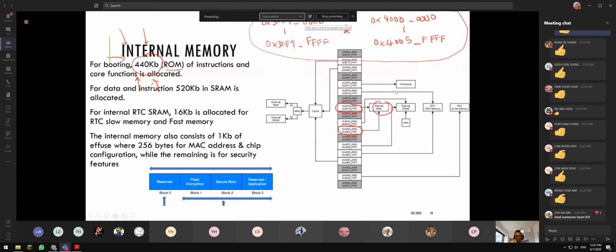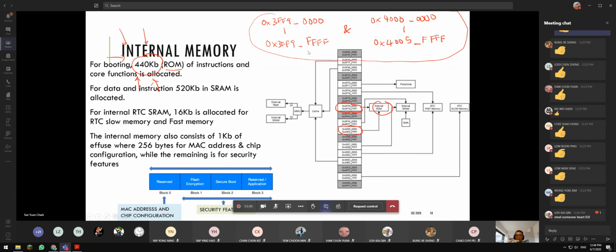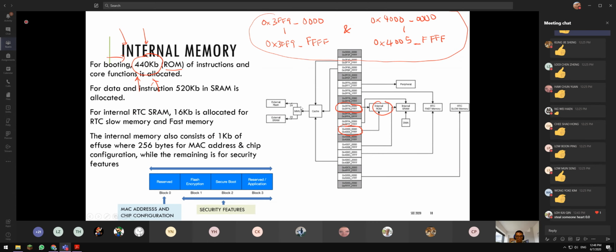Yes, anyone from the class? What is the size of this booting ROM instructions and core function? How many? What is the size of this ROM? Anyone?